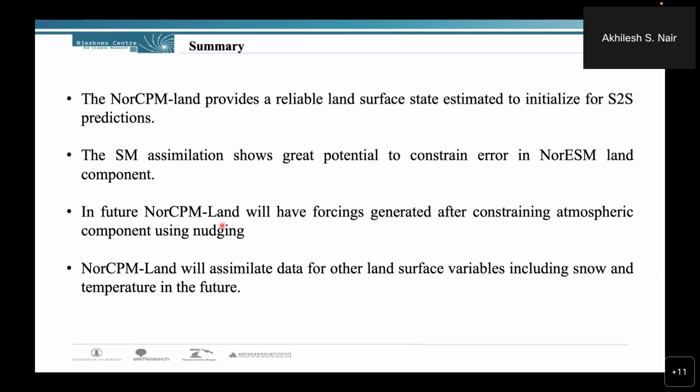So we would be going with atmospherically nudged, or constrained, forcing data to run CLM. And finally, we would be assimilating different land surface variables such as snow and temperature. We would even be assimilating near real time products from SMOS. Yeah, thank you.